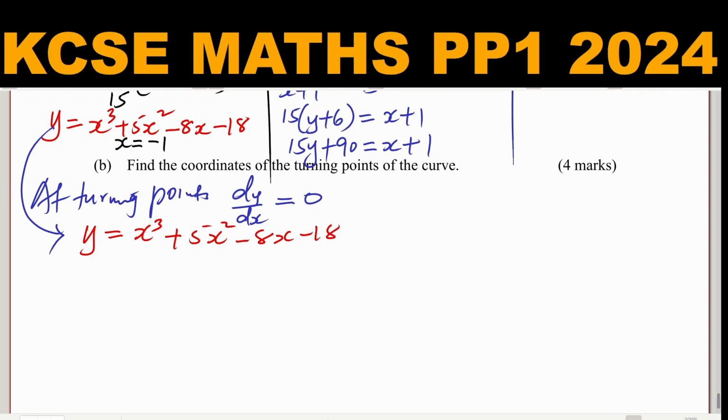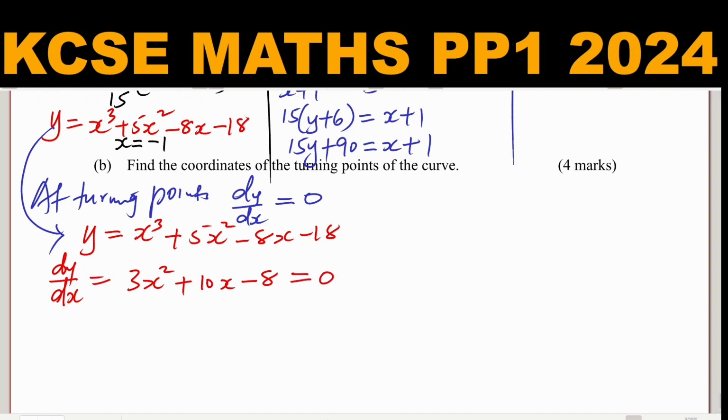So we get the gradient function. By differentiating this, you get 3x squared plus 10x, then subtract 8. We are differentiating y with respect to x. So at turning points, the gradient is equivalent to 0. The gradient function is equal to 0.